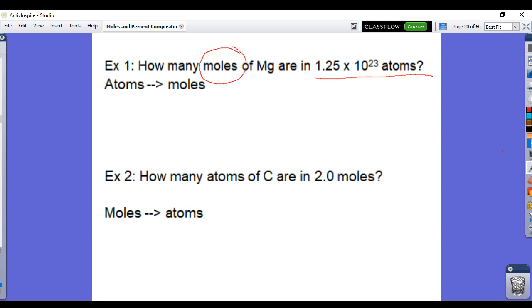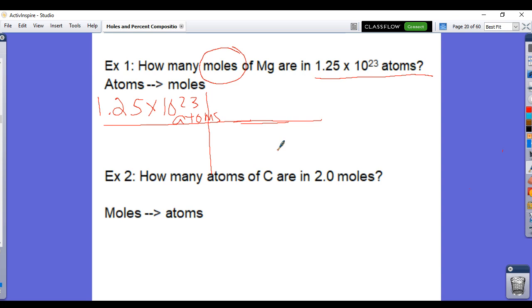So to start this off, I would write in 1.25 times 10 to the 23rd. Draw my line. And this is atoms. Forgot my atoms. You always got to put your unit. So if atoms is here, atoms has to be here.